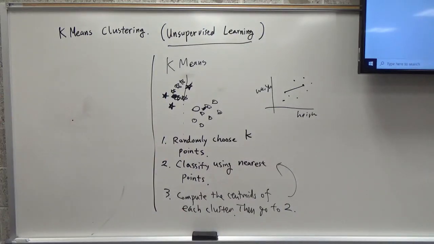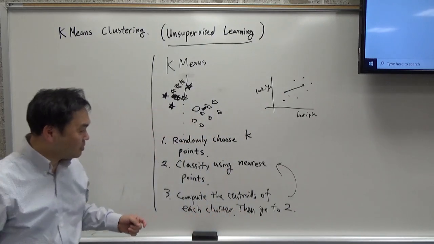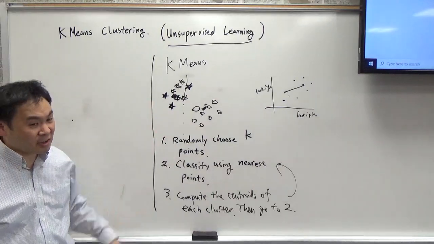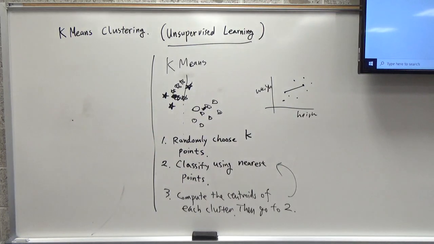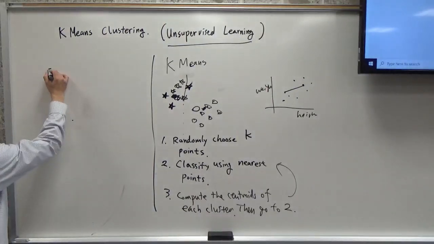Okay. Now, I talked about measuring how effective this clustering is. And there are two ways to measure the effectiveness of a clustering. So the first one is called the distortion.